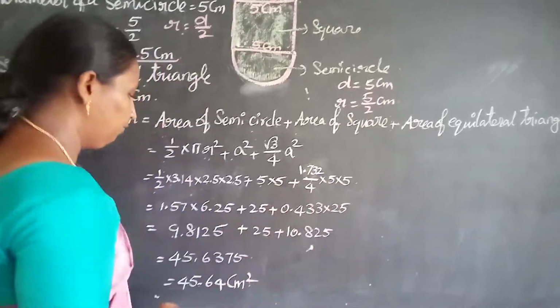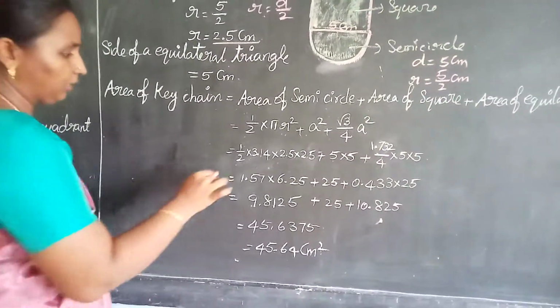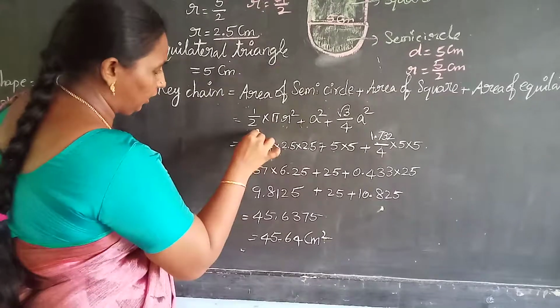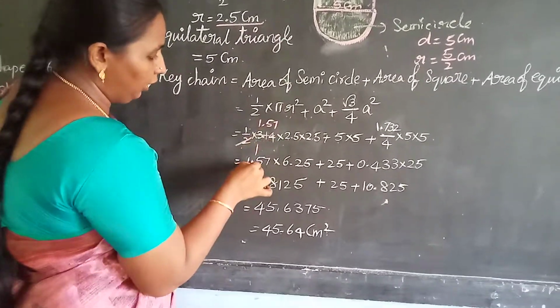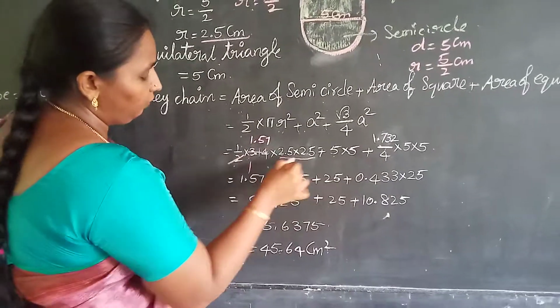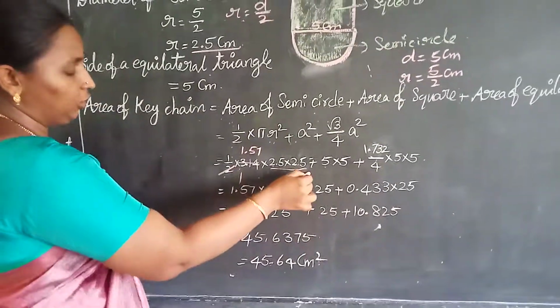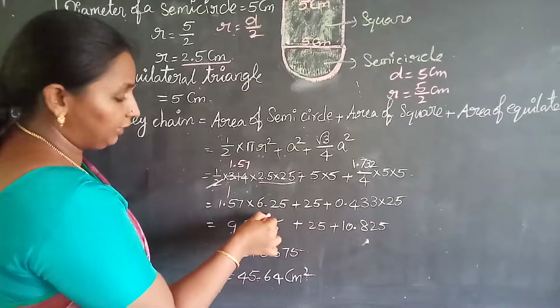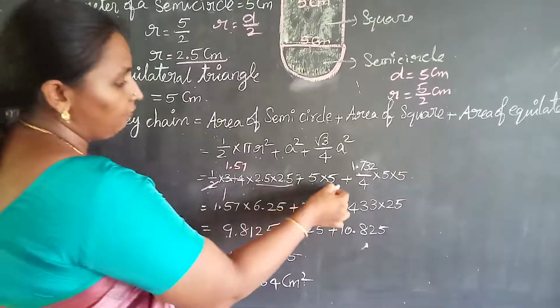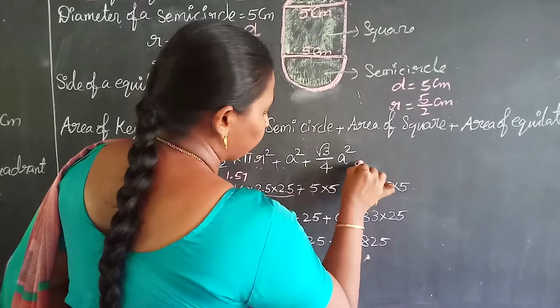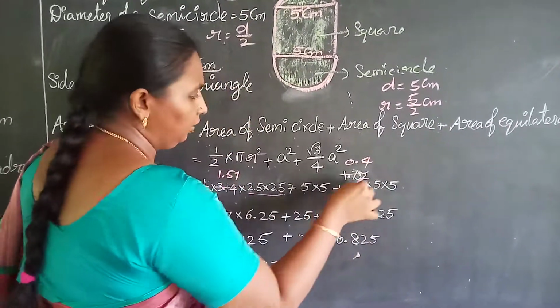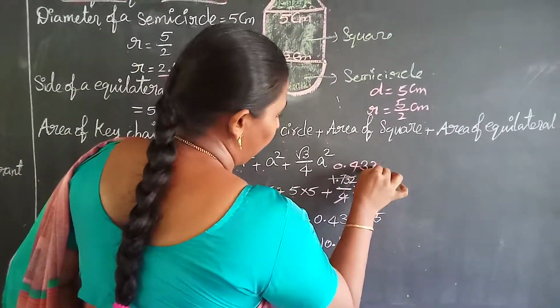Okay, now simplification part only. Cancel this. 2 1s are 2, 2 5s are 10, 2 7s are 14. So 1.57 into 25, 2.5 into 2.5 multiply and we get 6.25 plus 5 into 5, 25. Cancel this. 4 1s are 4, 4 4s are 16. 4 3s are 12, again 4 3s are 12.